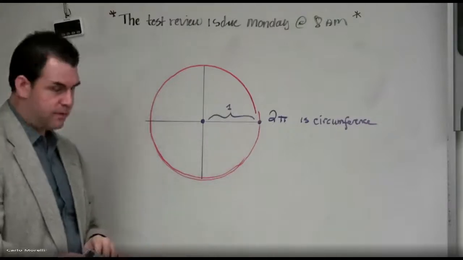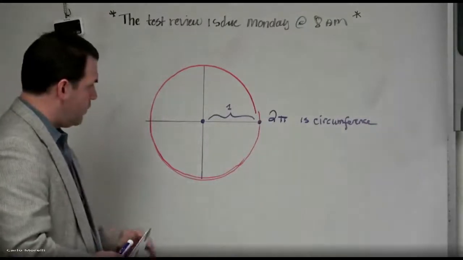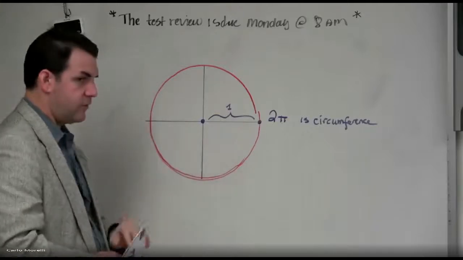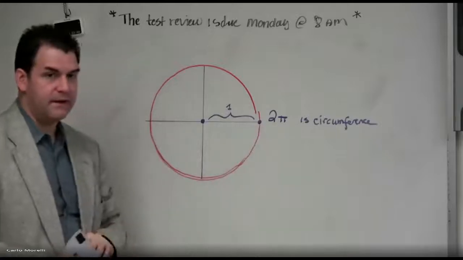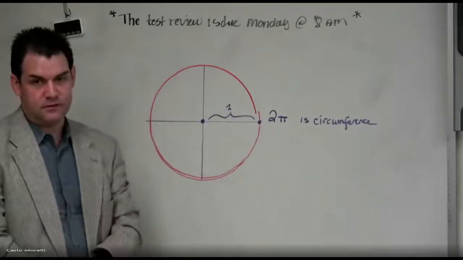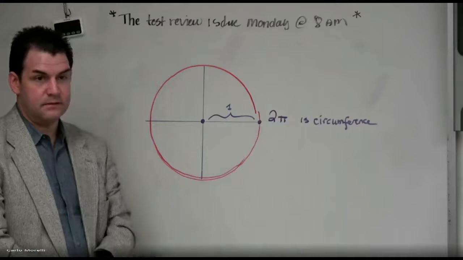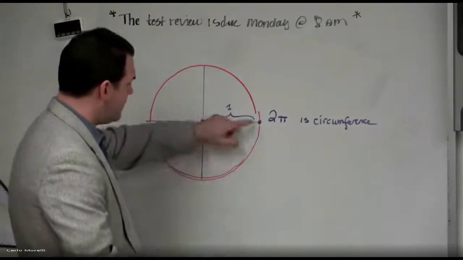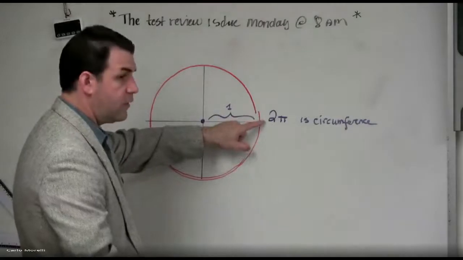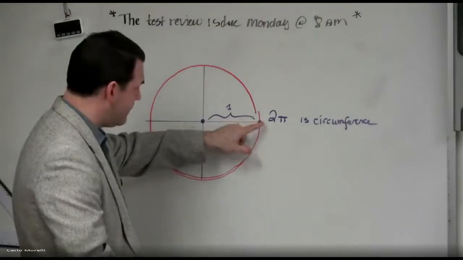So I have a question for you. What would half the circumference of the circle be? If the total circumference is 2 pi, what's half the circumference? 1 pi, or just pi? So notice how far around the circle we rotate counterclockwise. So take your finger, put it right here.